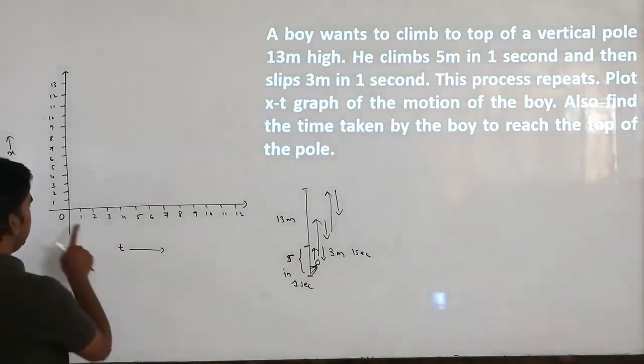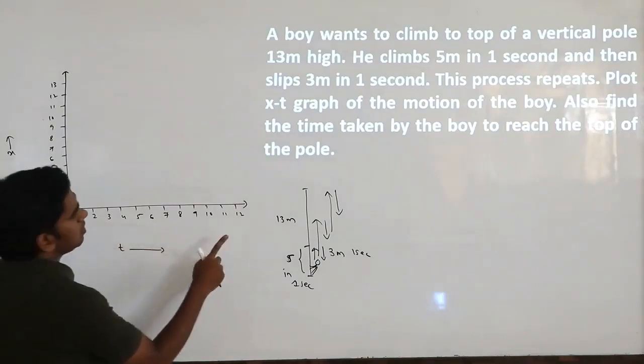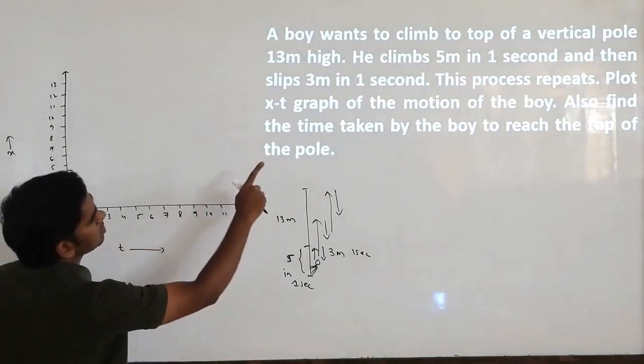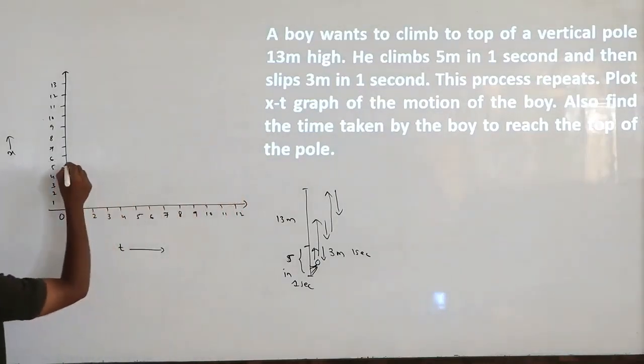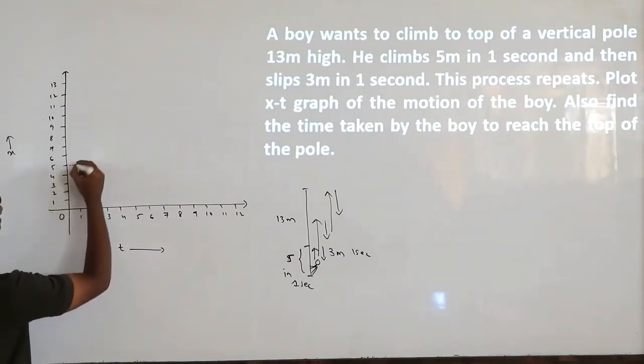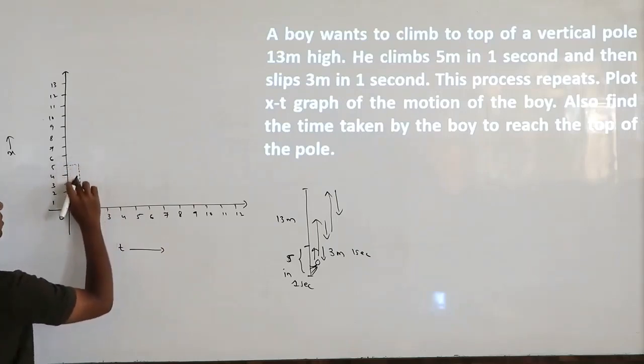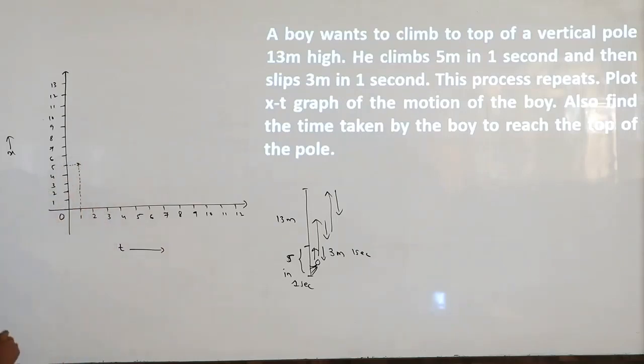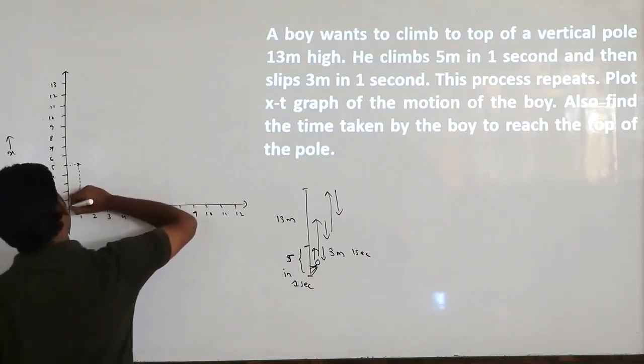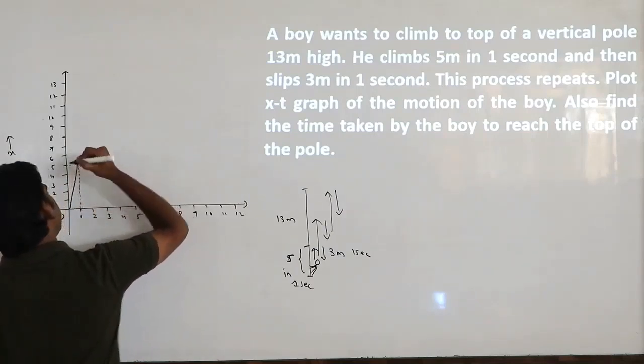Now, in 1 second, he will go in the upward direction. How much? 5 meters. So here is the 5 meter. This is his first motion. He is going upward. Let me draw it like this.